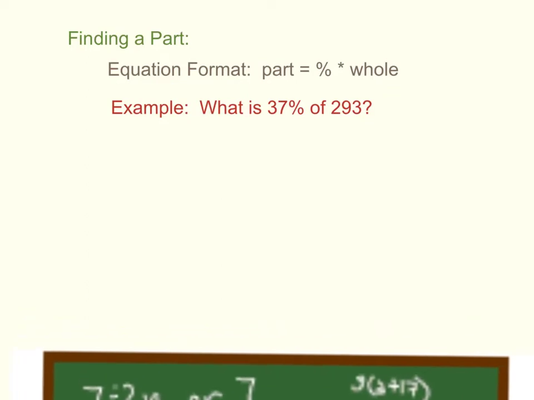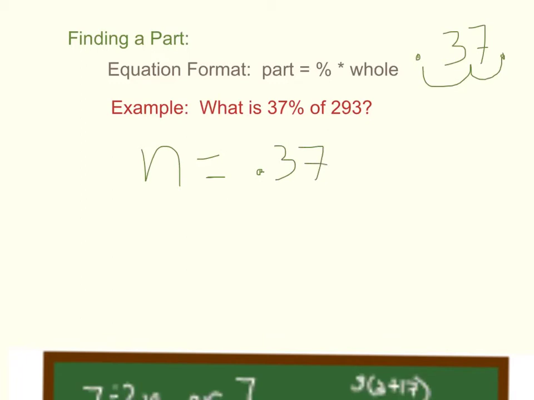What is 37% of 293? Well, I'm looking for my part, and I don't know what that is, so I'm going to go ahead and call that n, since I'm looking for a number. N equals the percent. Well, it's 37%, but I need to turn that to a decimal. To turn it into a decimal, I need to divide by 100 or simply move my decimal point 2 places to the left. So my percentage as a decimal is 37 hundredths.